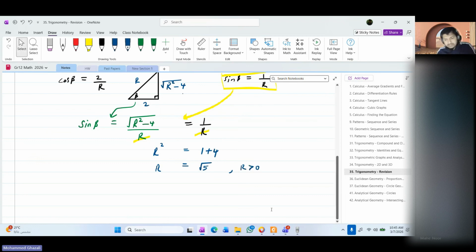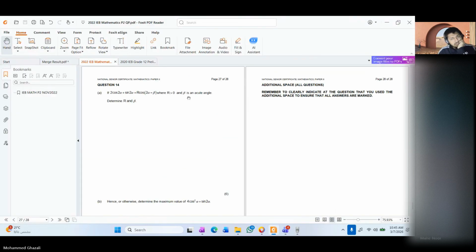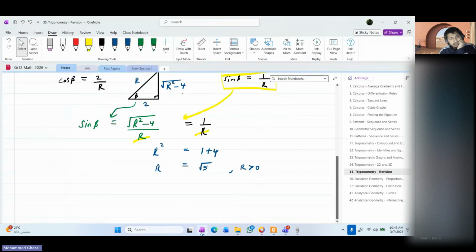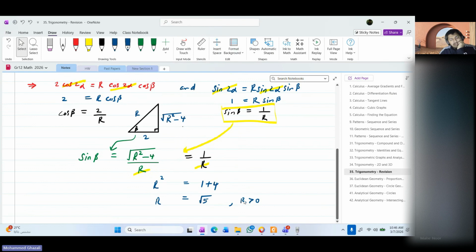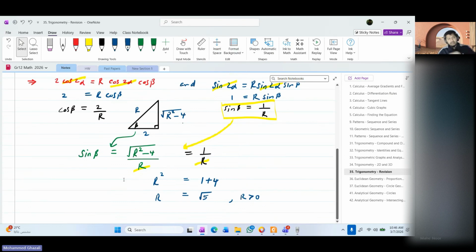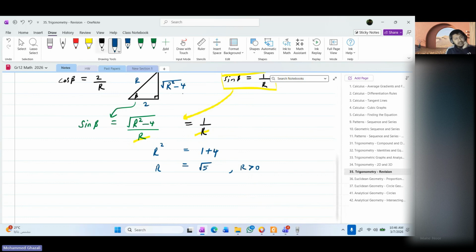Did they tell us r is positive? Yes: r is positive and beta is an acute angle. Determine r and beta. So we calculated r. Now if r is square root of 5, then cos beta is 2 over root 5, so calculating beta is easy.